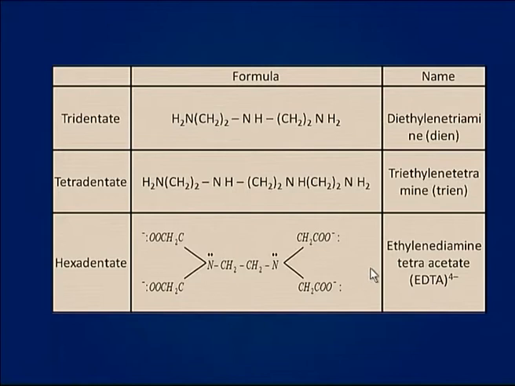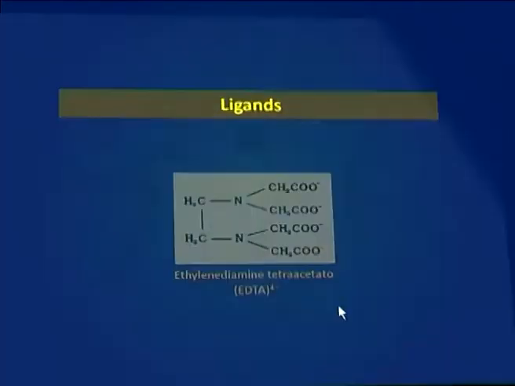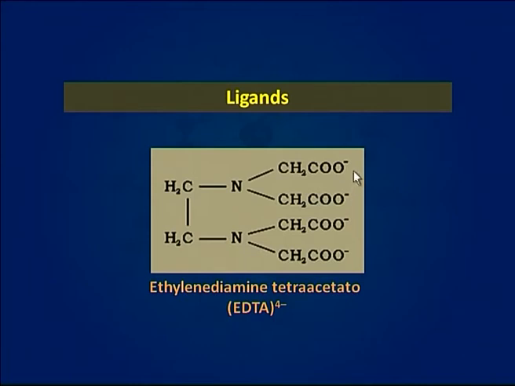EDTA, that is ethylene diamine tetraacetate, is a very important hexadentate ligand. EDTA has 6 donor sites, 4 at oxygens and 2 at nitrogens. Now, you are able to classify ligands on the basis of the number of donor sites.